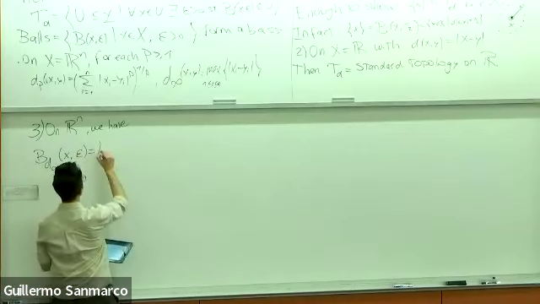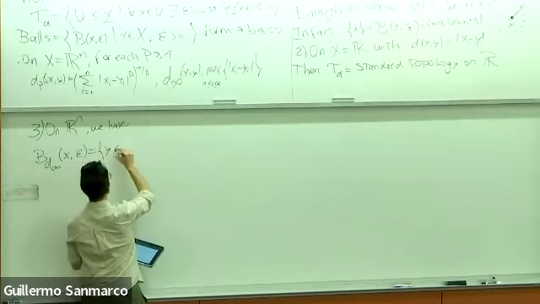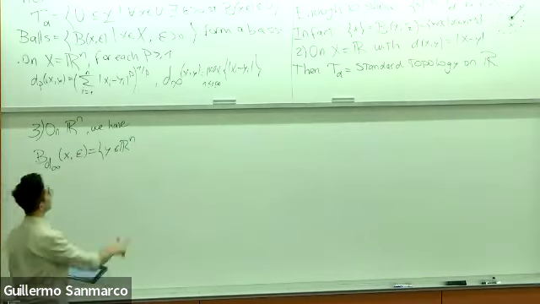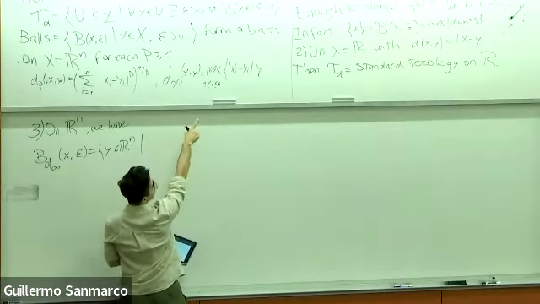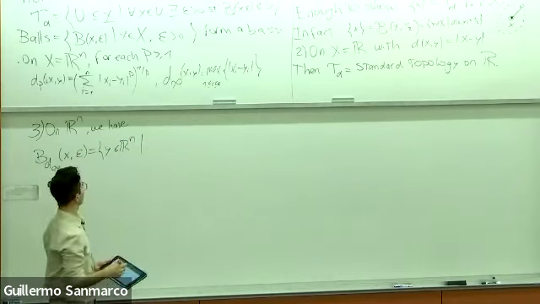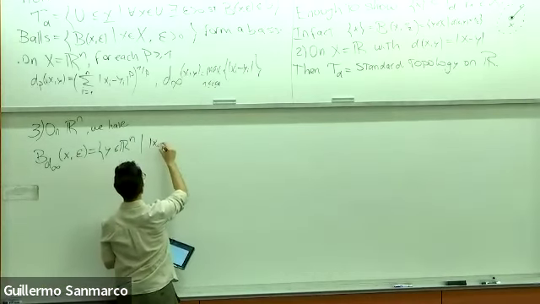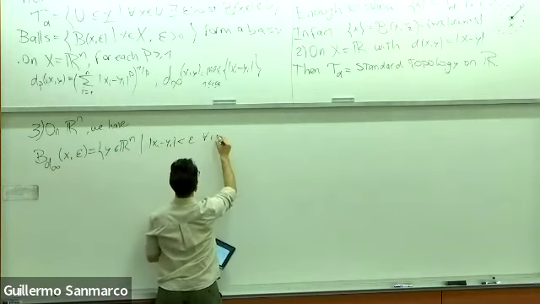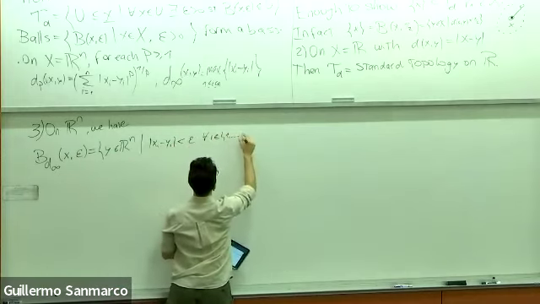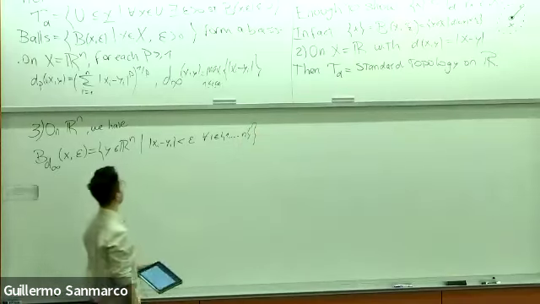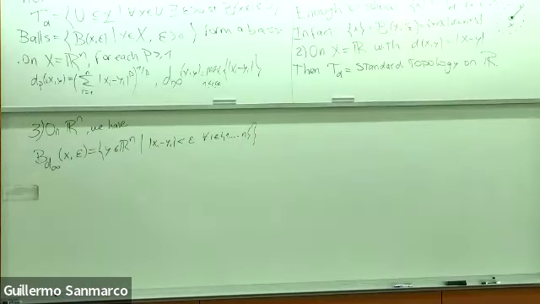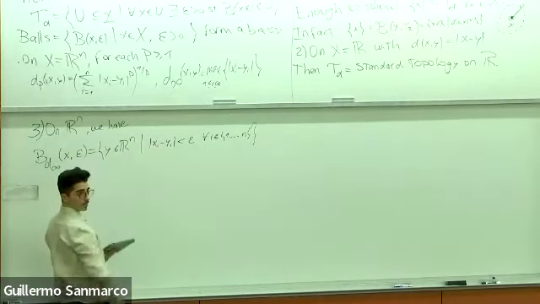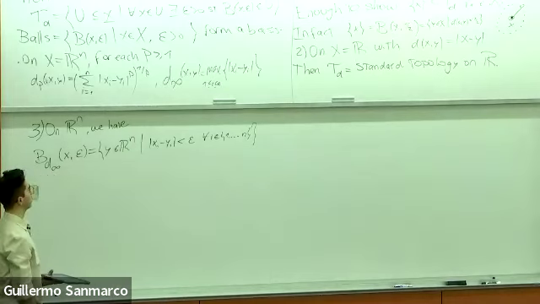This is by definition points in Rn such that this max is smaller than epsilon, which means the distance from xi to ai is smaller than epsilon for every i. That's the only way for the maximum to be smaller than epsilon. You need each quantity to be smaller than epsilon.